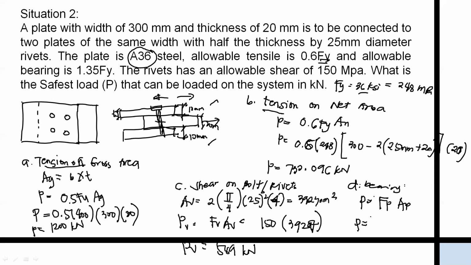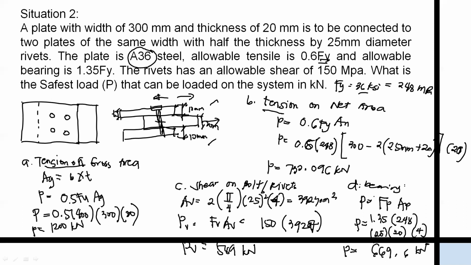So our Fp is 1.35 of Fy, 1.35 of 248, and the area of your bearing is equal to your diameter of the rivet multiplied to the thickness times the number of rivets. So we have 25 times the thickness is 20, and we have 4 rivets. Therefore, your force P is equal to 669.6 kilonewton.